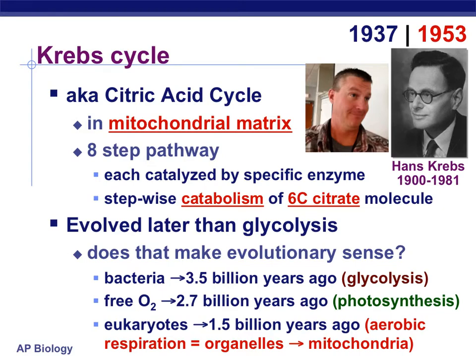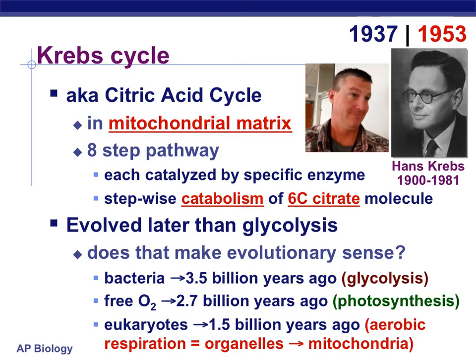So we can compare eukaryotes, bacteria, and archaea, other domains, using glycolysis enzymes. At about 3.5 billion years ago, we can look at glycolysis as being in the cytosol, but it doesn't require a membrane-bound organelle, which is good for all organisms.